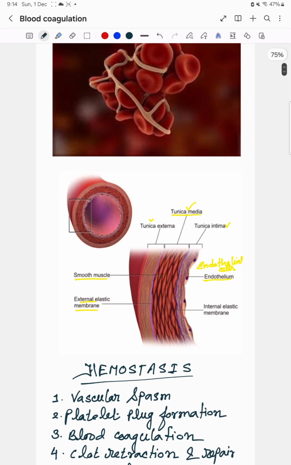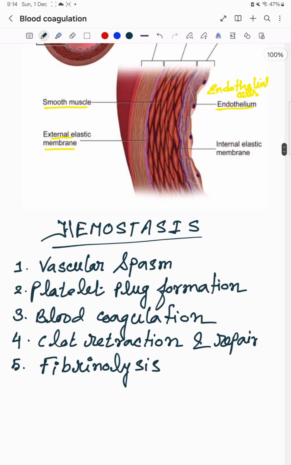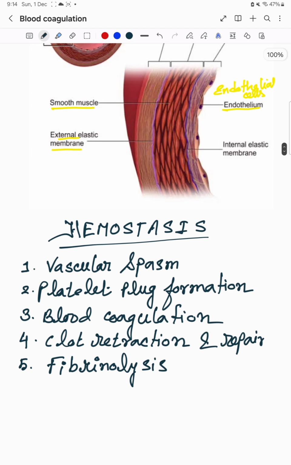Actually, blood coagulation is a part of some sequential events.